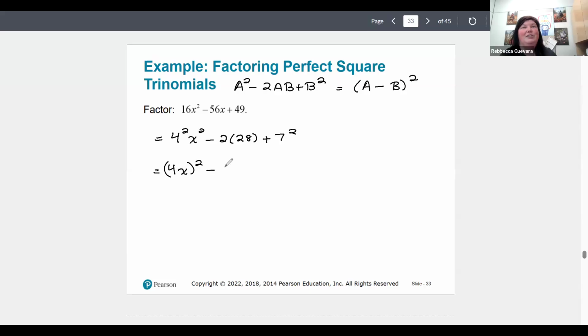So this is 4x squared minus 2 times 4 times 7, because 28 divided by 4 leaves me with a 7. Oh, my x disappeared, sorry.